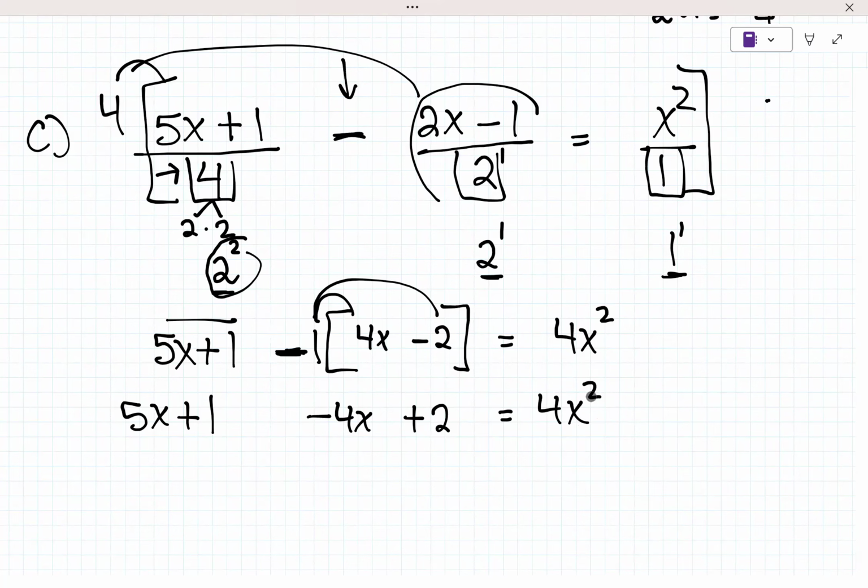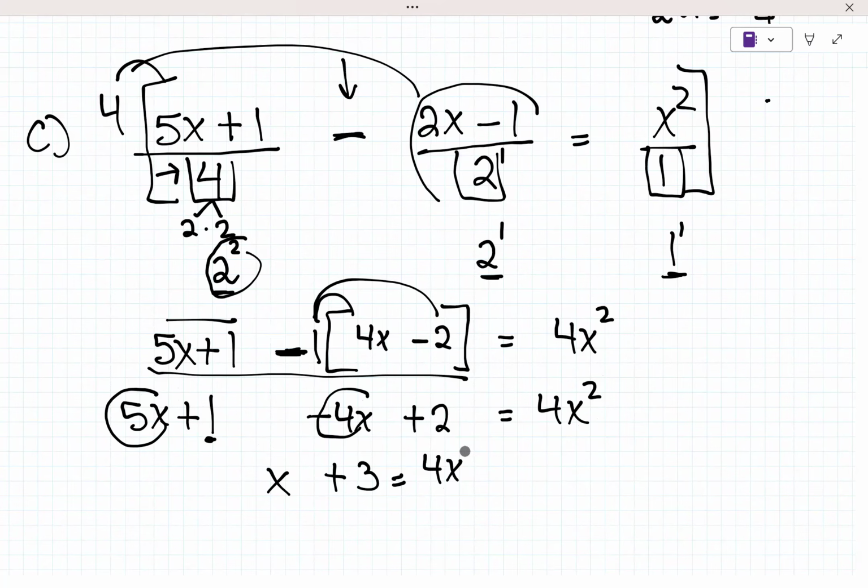Okay, I think it's wise to move everything to the right because this has the highest power of 2. Now, before I start moving things around, always check if you can collect like terms. So on the left side, what can we collect? Yes, the 5x, negative 4x, which is positive 1x, and then 1 plus 2 is 3. Now it's just wise to move everything to the right.